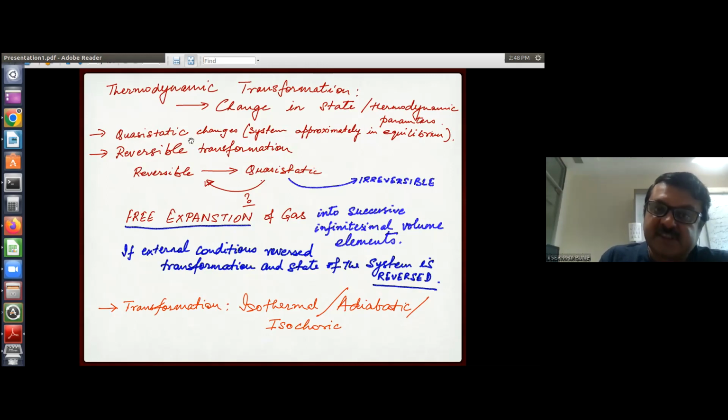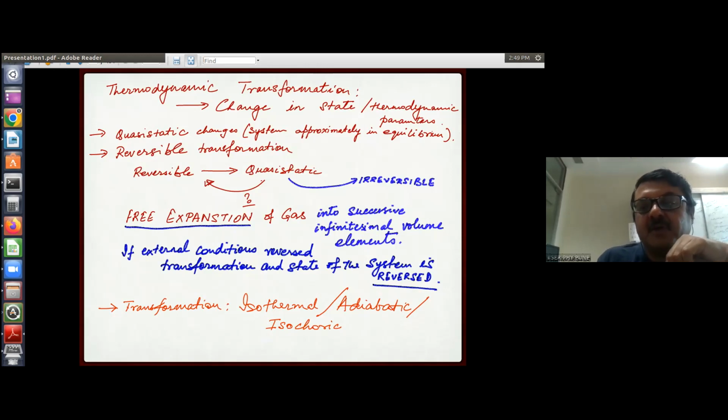And you can have quasi-static changes in the properties. So you change the pressure quasi-statically, which means very little by little, such that at each step, as you change from P1 to P2, you can define it as nearly in equilibrium.